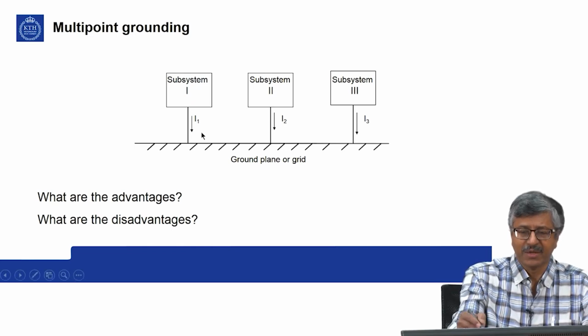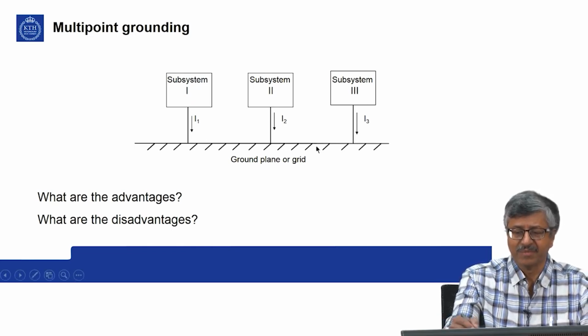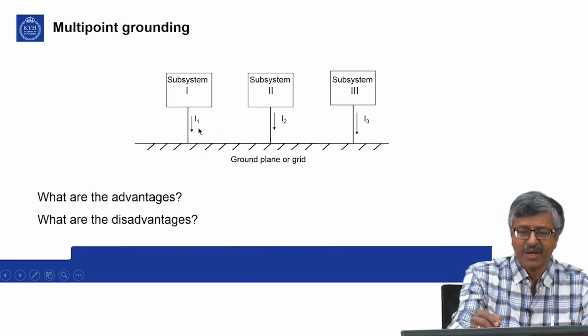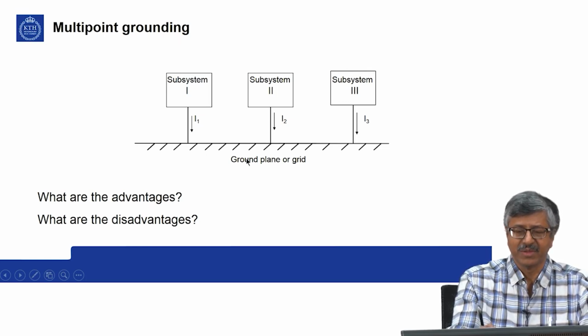So, all the currents go directly to the ground points, and you do not form any common impedance path between these currents, because there are so many paths it can follow, not a single path.